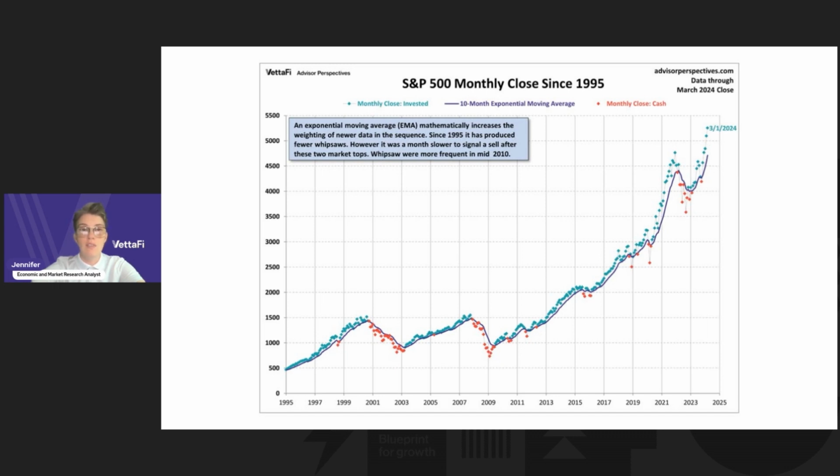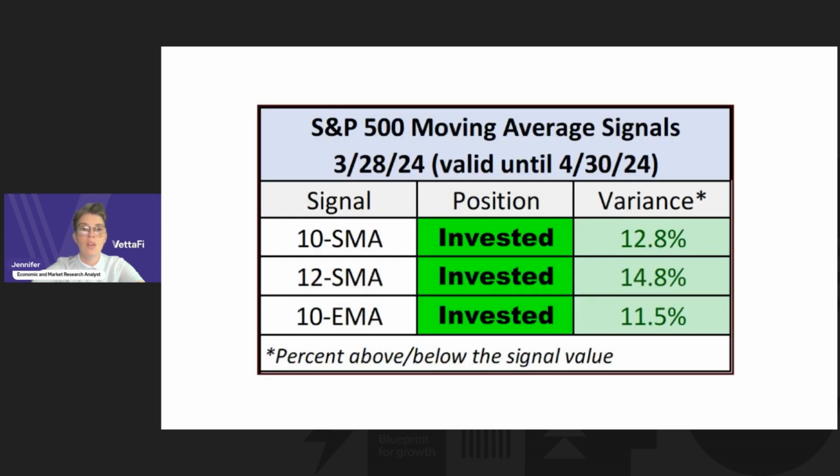Since 1995, this variation has produced fewer whipsaws than the equivalent simple moving average. However, it was 1 month slower to signal a sell after the two market tops in 2000 and 2007. To summarize, all three approaches flashed a hold signal at the end of March, since as you can see from this table, they are all well above their respective moving averages.